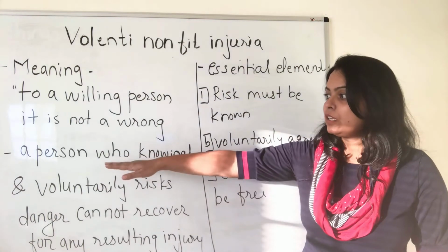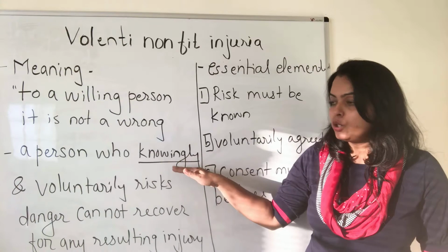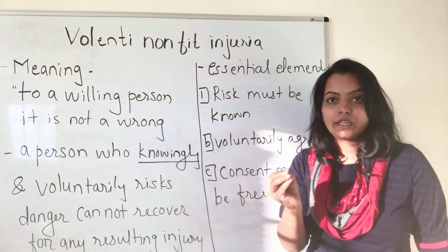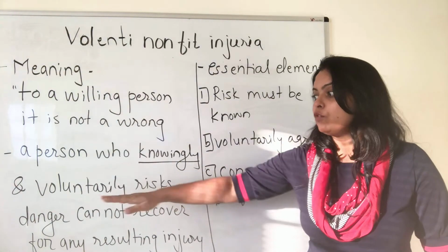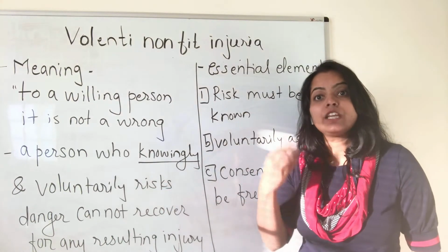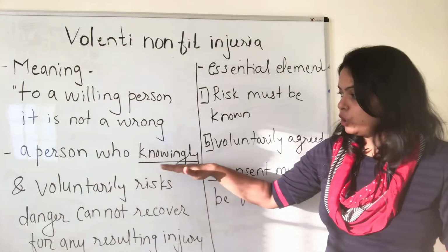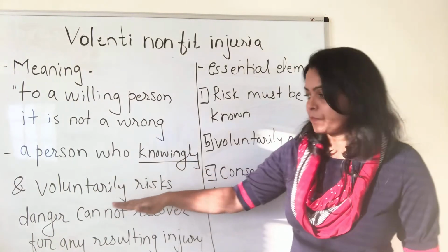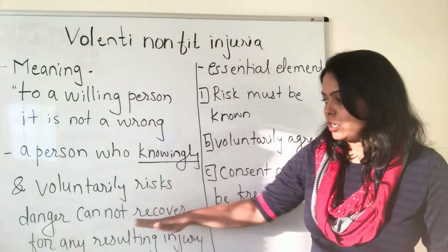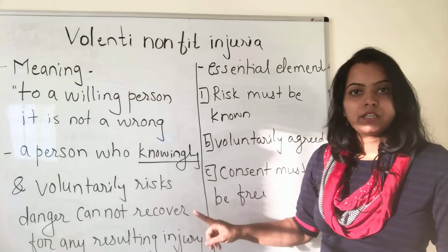Okay. So a person who knowingly, with knowledge, and voluntarily, meaning with free consent, with free will, risks danger cannot recover for any resulting injury.